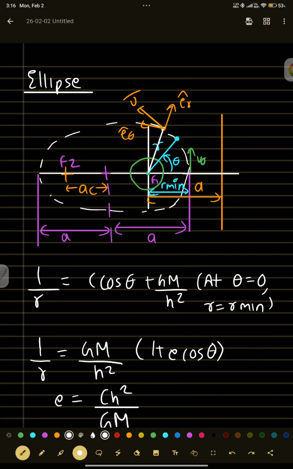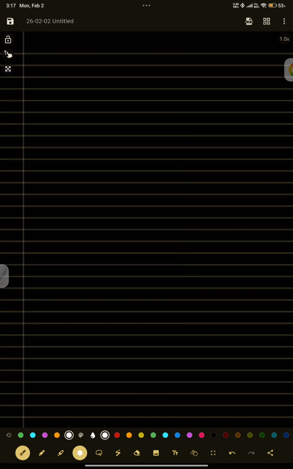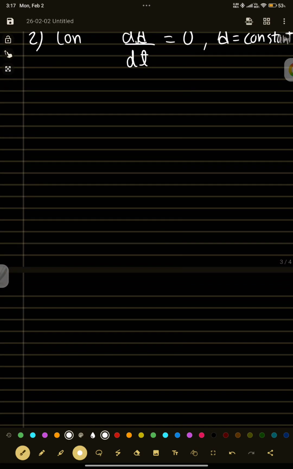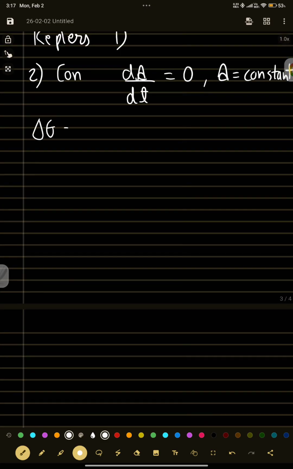So this is del theta, and this del theta is very small. Finally you will let this del theta tend to 0, and it will change to d theta. So the base of the triangle is r delta theta.